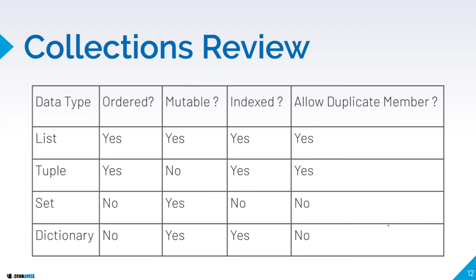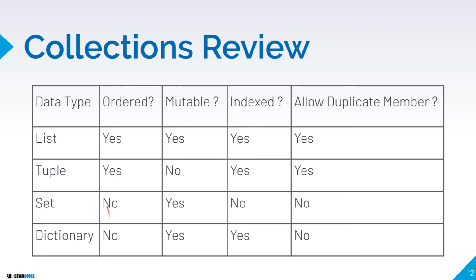Let's look at a review of our total collections. Again, we have our list, and not only is it ordered and mutable, it's also able to be indexed and allows duplicate members. Again, the main difference between a list and a tuple is that a tuple can't change individual items and is therefore not mutable.